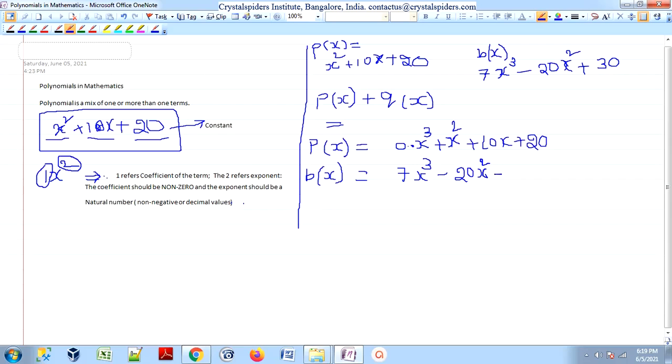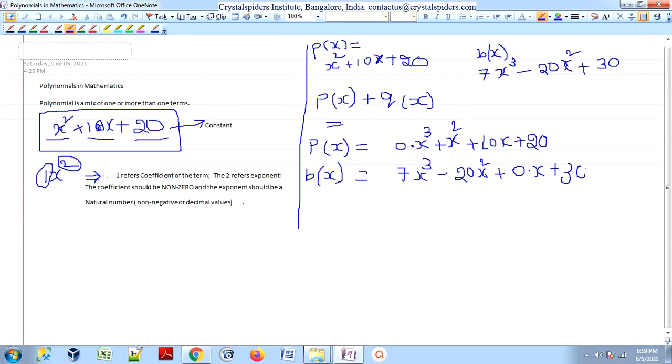And plus, so now we don't have the x term, so here 0 into x, 0 is the coefficient now, and I am going to make it x, plus the constant term from the b of x polynomial, which is 30. So let's take 30 here.